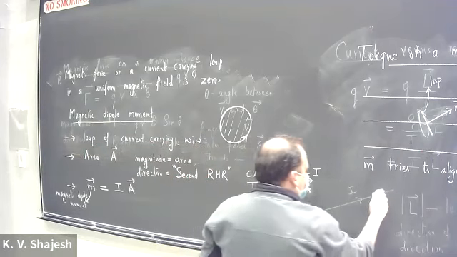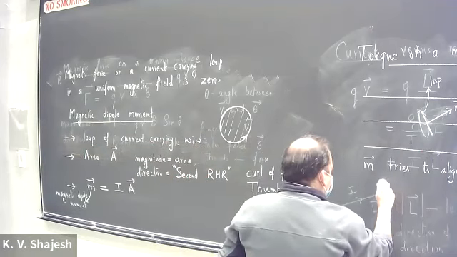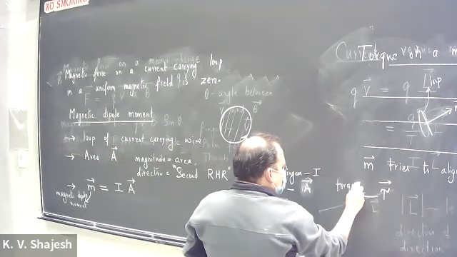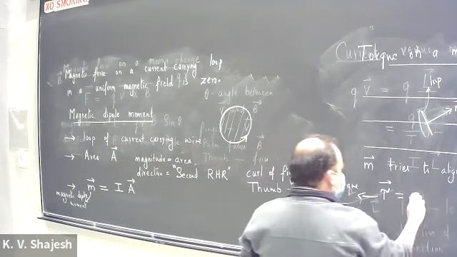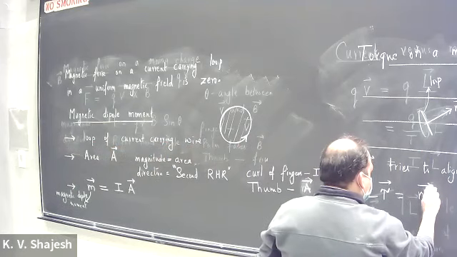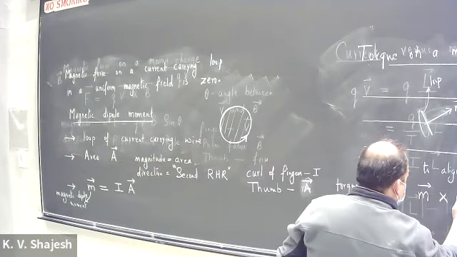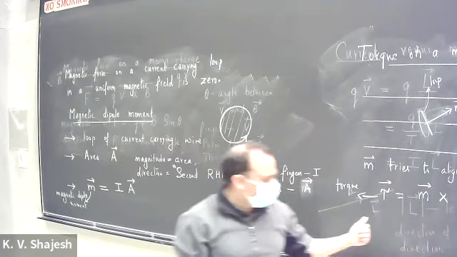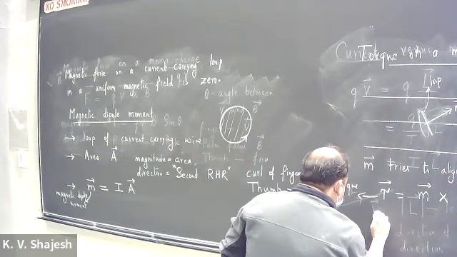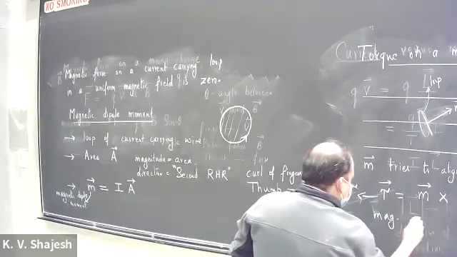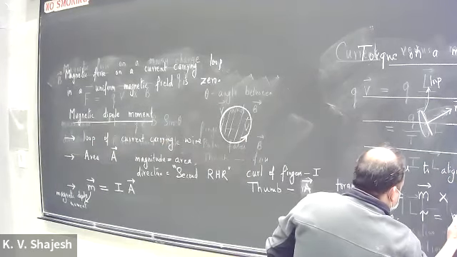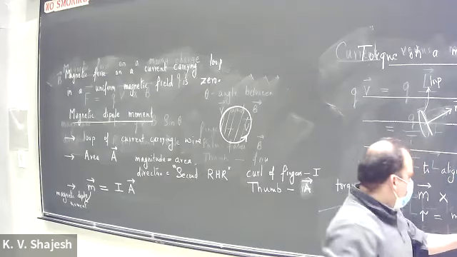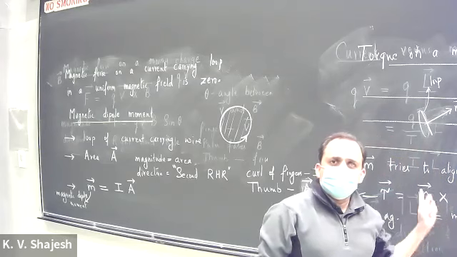We would like to talk about the torque. This is the torque. That's given by the magnetic moment crossed with the magnetic field. The same idea, if you want the magnitude of this, the magnitude of the torque is M times B times sine theta, where the angle is between M and B, right?